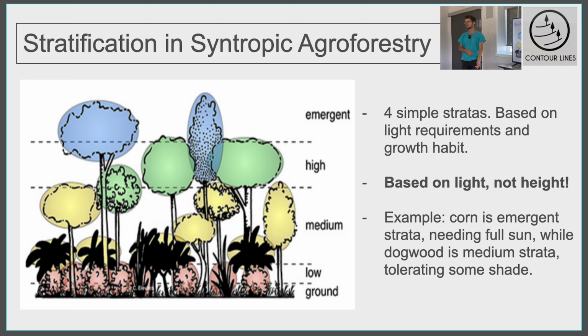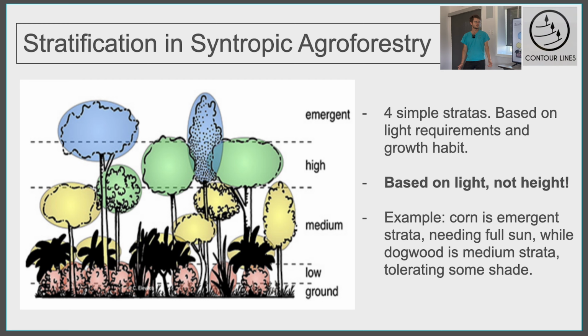That's kind of the characteristic of emergent, and they're ones that often shoot up and have the highest space in the layers. And then high is most of our fruit and nut trees, which like full sun, but can deal with some dappled shade or temporary shade from anything high above it, but they really do need close to full sun.